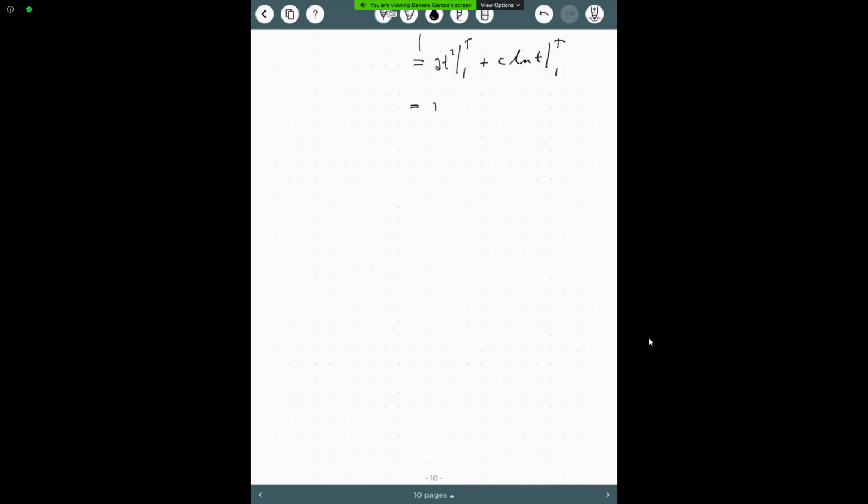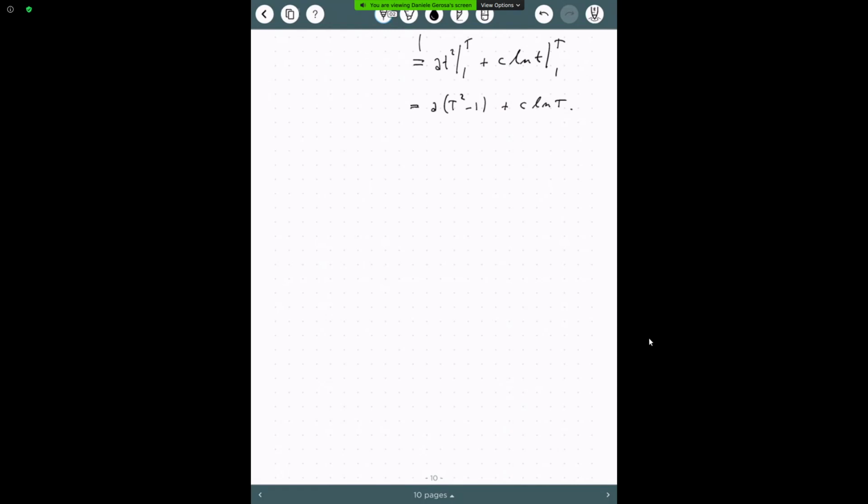So this is a times t squared minus 1 plus c times the logarithm of t. And that's the length of this curve. So you see a very complicated object, but still it's possible to compute lengths.